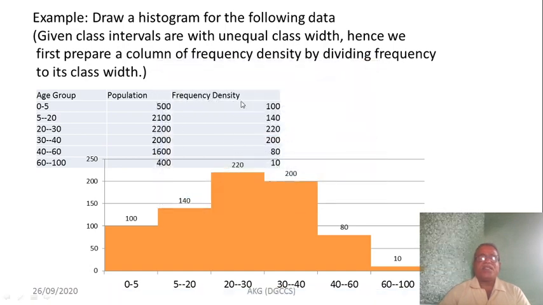And plot this frequency density on the y-axis. Instead of frequency, we plot frequency density on the y-axis and class intervals on the x-axis. So take the proper scale on the x-axis and construct the rectangles such that the first is 0 to 5, its height is 100, so against 100 construct the first rectangle like this one. The second class interval is 5 to 20, so from 5 to 20 that means 3 times the width of the first class.